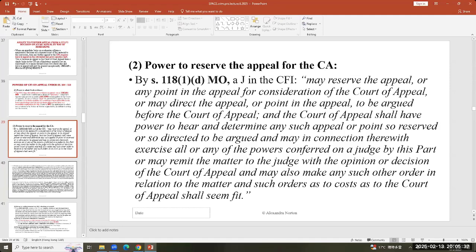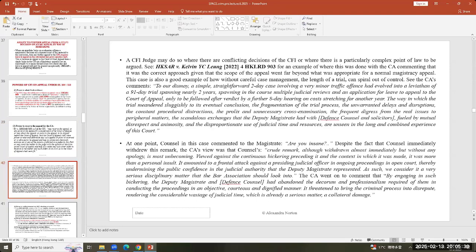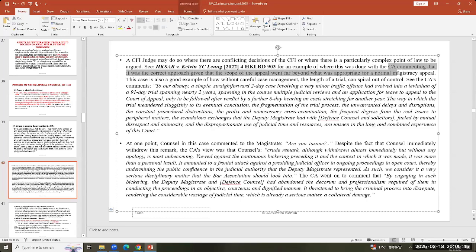I'm going to send it up to the Court of Appeal for them to deal with. And the Court of Appeal said here, it was the correct approach for the CFI judge to send it up to the Court of Appeal, given that the scope of the appeal went far beyond what was appropriate for a normal magistracy appeal. Okay, so yes, he did the right thing.